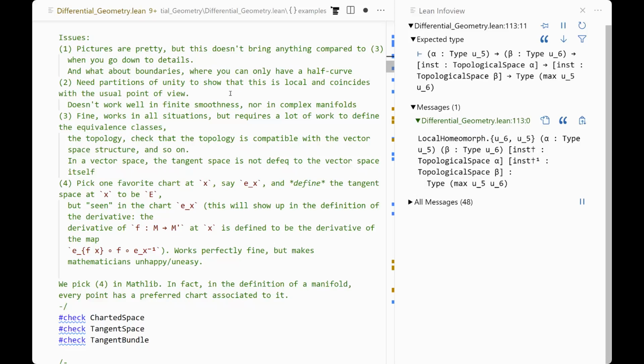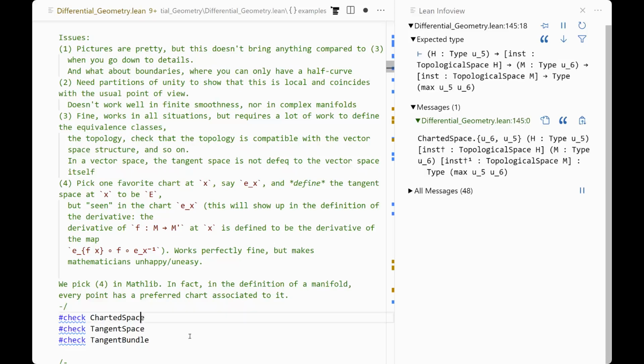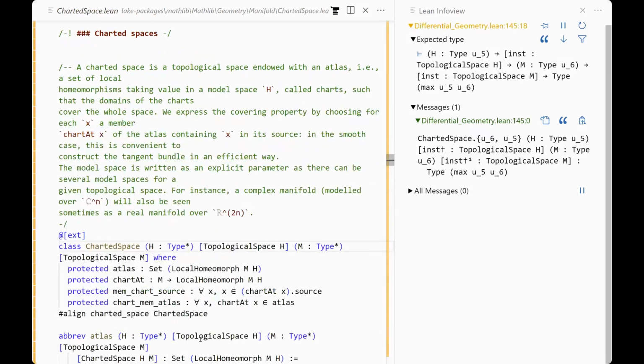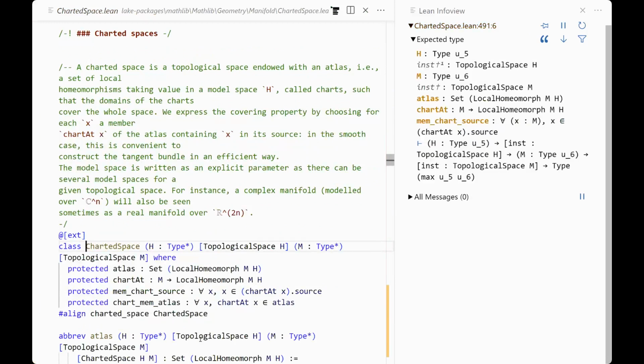How can you define the tangent bundle? Well, I'll jump to the definition in a few seconds. But let's first look at what actually the definition of this charted space is. So that is a topological manifold. A charted space comes with an atlas, which is just a set of these partial homeomorphisms, or local homeomorphisms, between M and H. So these are the charts.